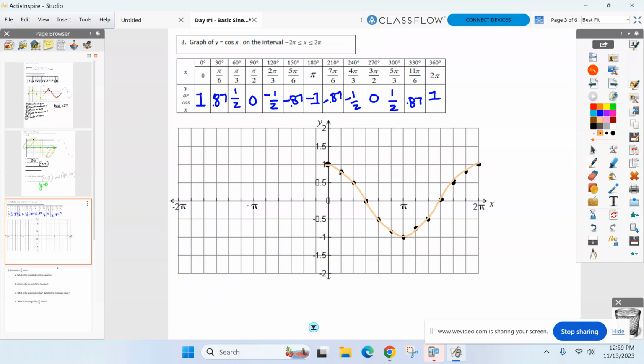If you went past 2 pi, what would happen again? It's going to start repeating itself. Correct. So to the left, the negative side of the x-axis, it's going to start repeating again. Let's do this quickly. We don't have to graph everything. Halfway in between, it's going to go back to 0. At pi, it'll be at -1. Back to 0, halfway in between, and then end at 1. Okay, so that's what it would look like on the other side. It just starts repeating itself again.